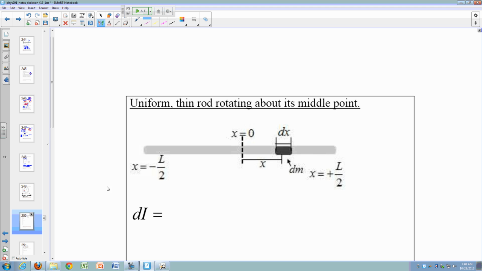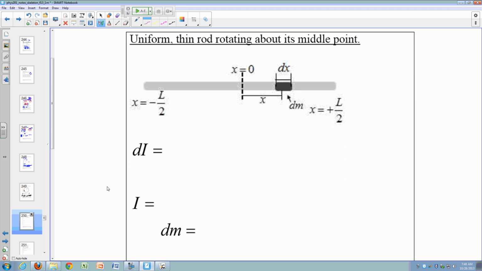All right. So let's look at a uniform thin rod. It's rotating about the middle point. I would provide you with this figure, and I would just want you to show the derivation as it follows. So here is my differential mass element. It has a length dx.